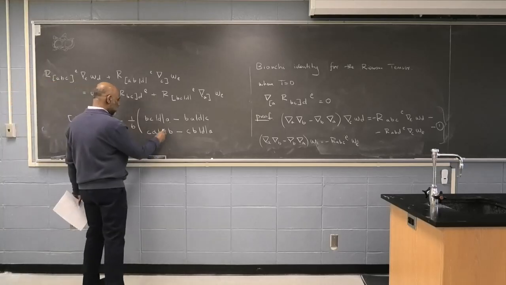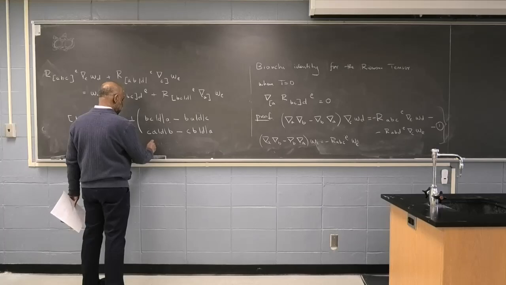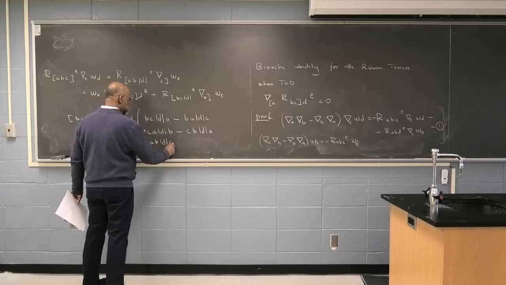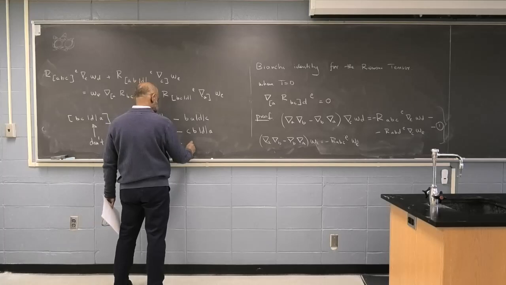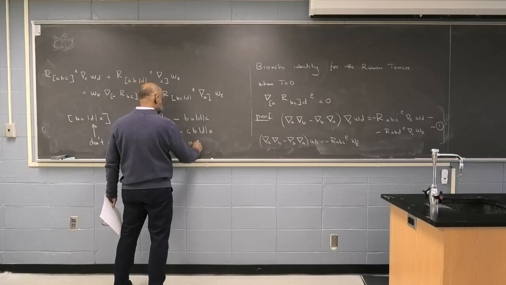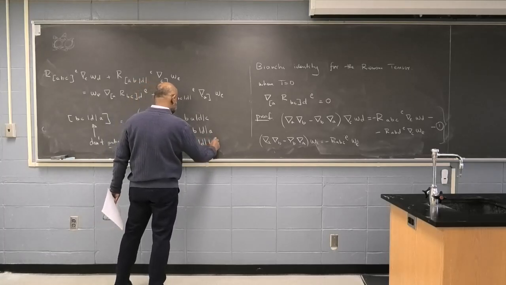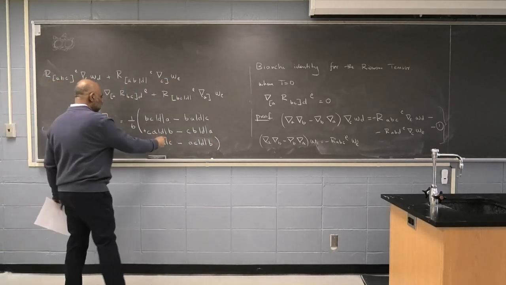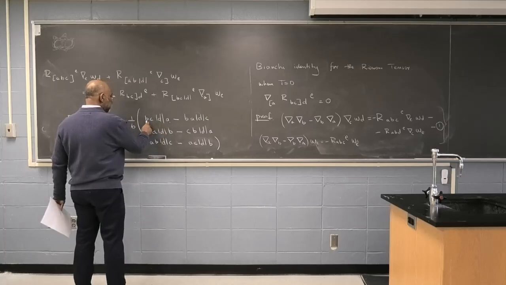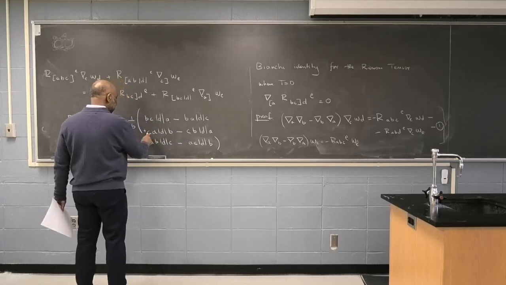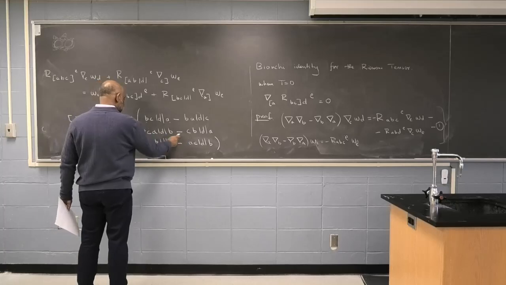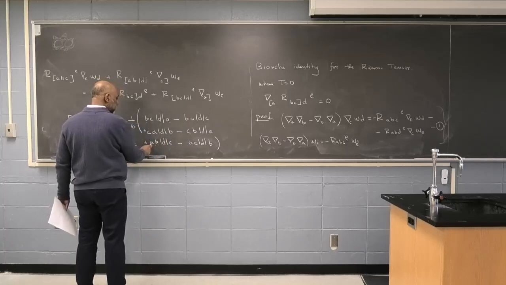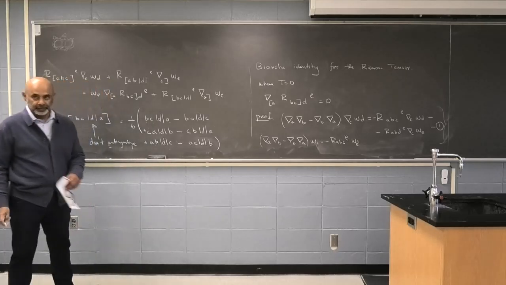And then the last term will be A, B, D, C minus A, C, D. Hopefully I've not made a mistake. So D is always in the third position. B, C, A, B, A, C. C, A, B, C, B, A. Good. A, B, C, A, C, B.